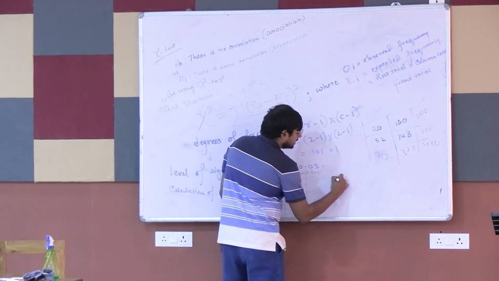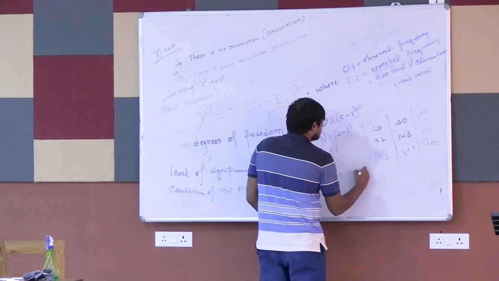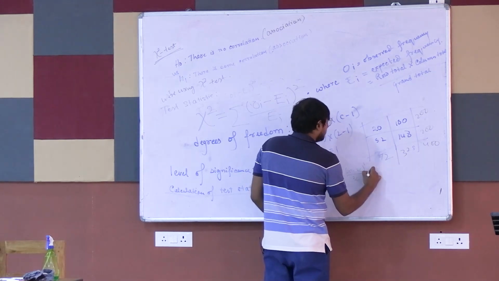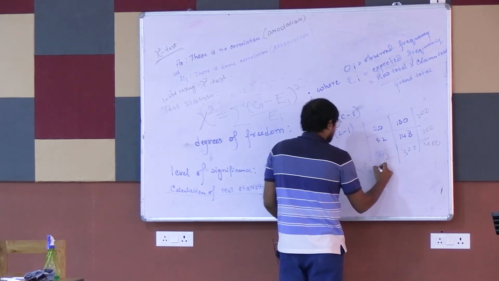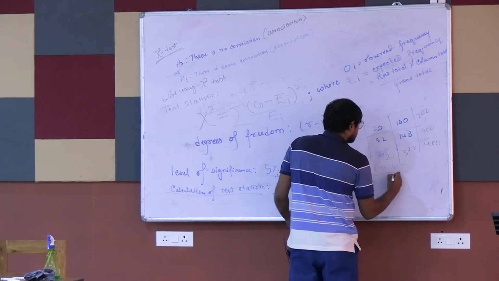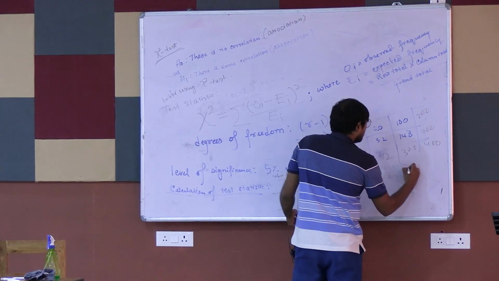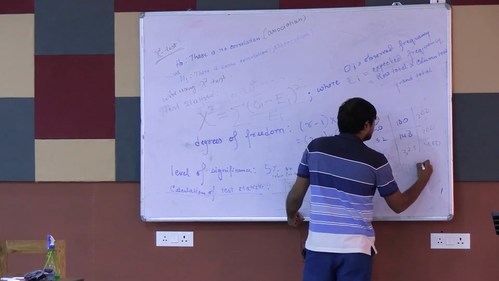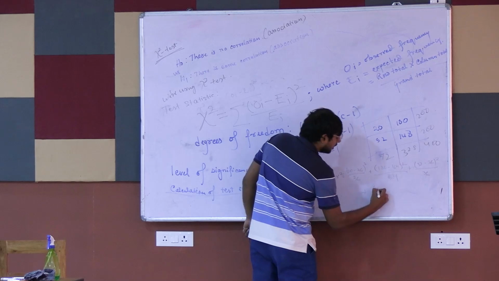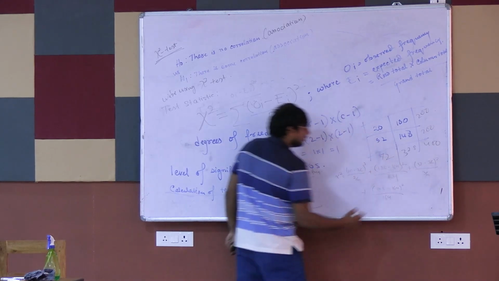Therefore chi-square is equal to, and just calculate it, (20 minus 36) square divided by 36, plus (180 minus 164) square divided by 164, plus (52 minus 36) square divided by 36, plus (148 minus 164) whole square divided by 164.